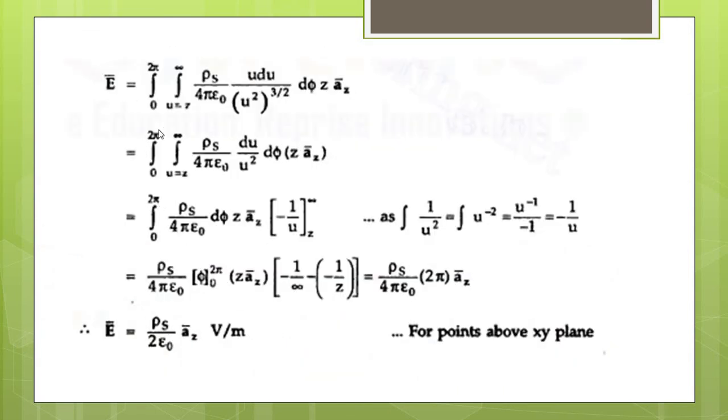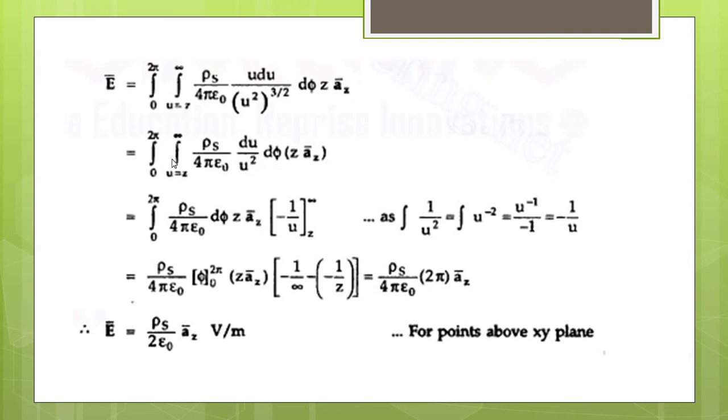So E is equal to integral of phi from 0 to 2 pi, u from z to infinity, rho s by 4 pi epsilon naught into u du by u square whole power 3 by 2 into d phi into z into az. Now we can put the constants outside the integration and integrate. Here we need to integrate only the du term.